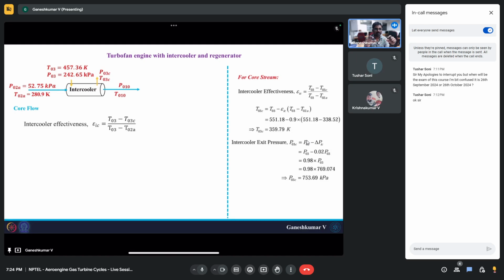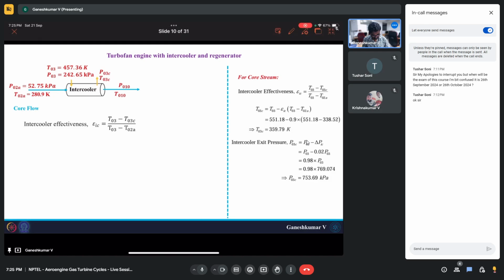The maximum heat transfer is nothing but, so there is a hot stream entering, there is a cold stream entering. When the hot stream enters and leaves, let me try to draw it here. This will be at higher temperature. Let's say these are temperatures, this is T hot and this is T cold.